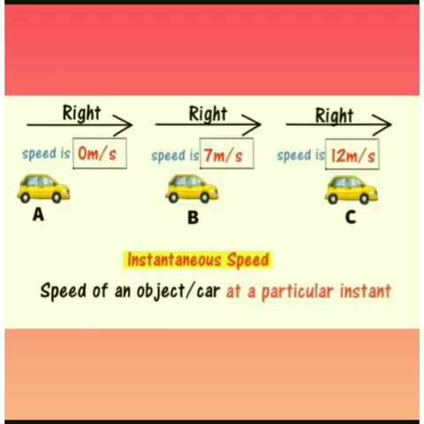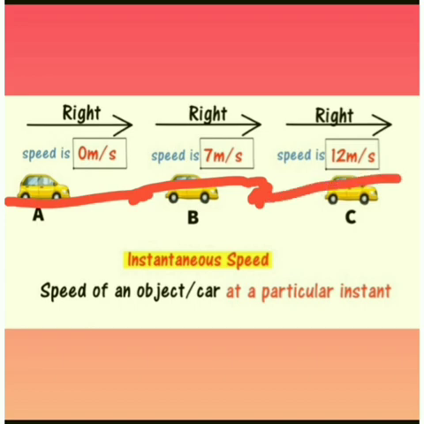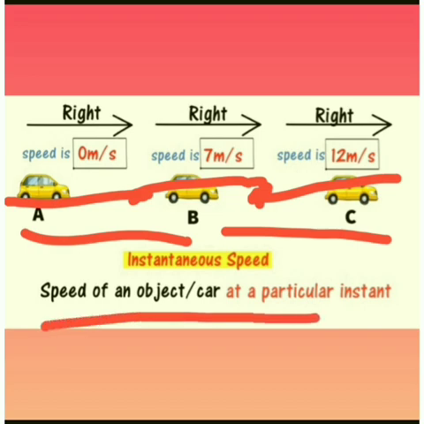See here, a car starts from 0 meter per second and it reaches here 7 meter per second and then 12 meter per second. So A to B, B to C is the instantaneous speed. So speed of an object or a car at a particular instant.